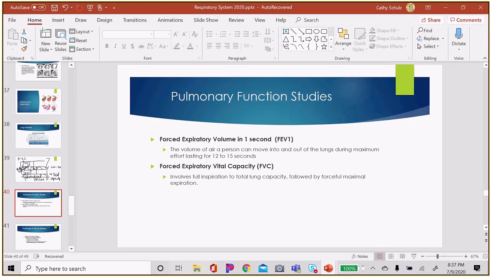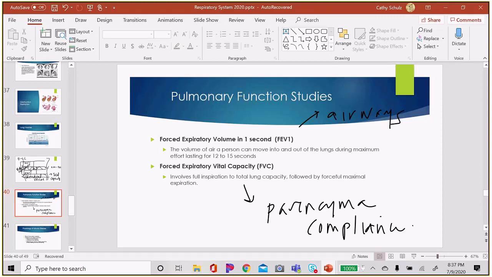What you get from the first is information about the airways themselves, and the second gives you information about the lung parenchyma and the compliance.